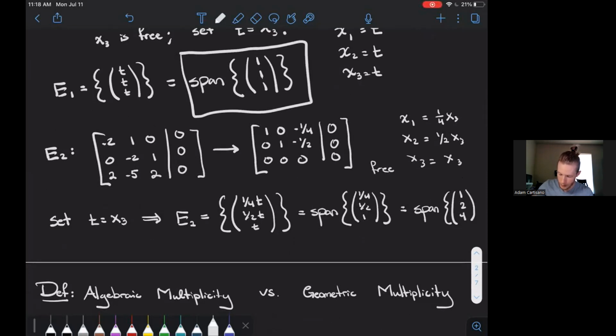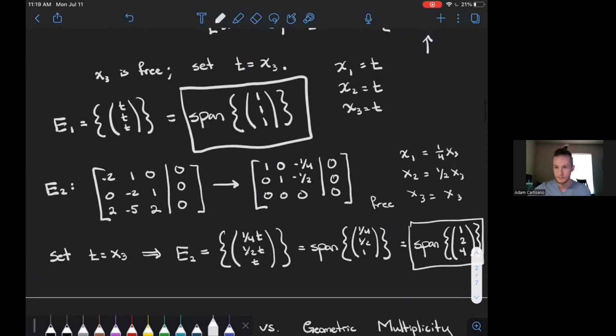If I just multiply that basis vector by 4, I get another vector in the eigenspace, but the eigenspace is one-dimensional. So any non-zero vector inside of the eigenspace, taken by itself, forms a basis of that eigenspace. So I might as well take this one because it's prettier to look at. But yeah, this is the final answer.